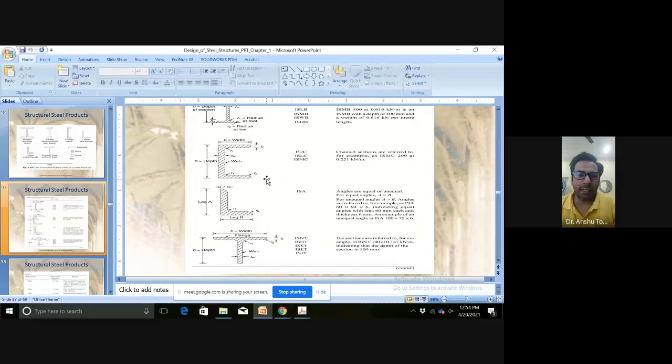When we design any steel structure, there are basically two things which we find, that is the moment of inertia and the section modulus. Moment of inertia, as we know, for a typical rectangular section is BD cube by 12. And using that, you can find it for any T section.